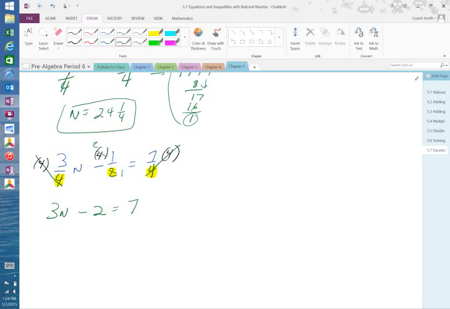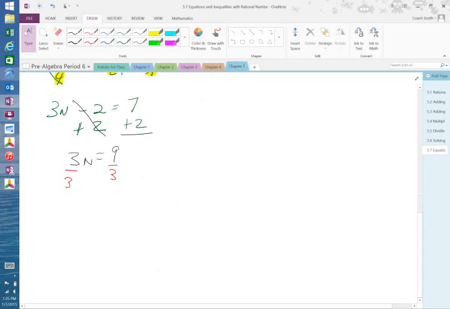What is the inverse of subtraction? Add. I'm going to add 2 to both sides. Those cancel, leaving me with 3n equal to, what is 7 plus 2? 9. Now what do I do? Divide both sides by 3. And that gives me n equals 3.